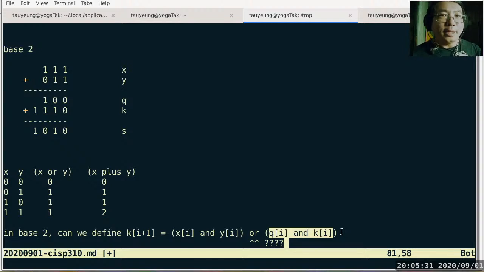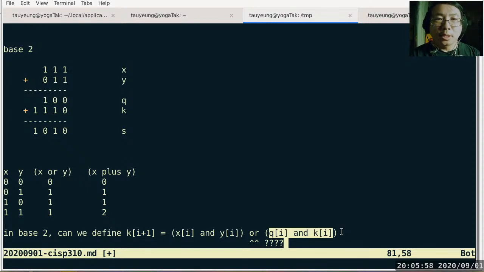Because if that case can happen, then we cannot change the plus to or. But if we can guarantee that that cannot happen, then we can just go ahead and cheat a little bit here. Instead of using the plus, we replace it with an or, then everything is binary, or everything is logical, and we are home free. All right, so Tom thinks it will work.